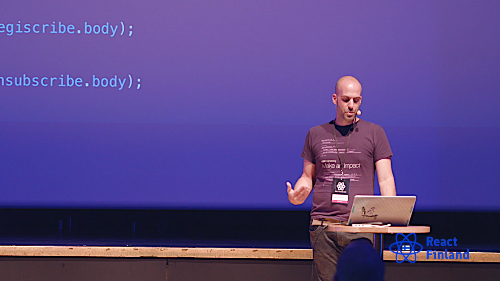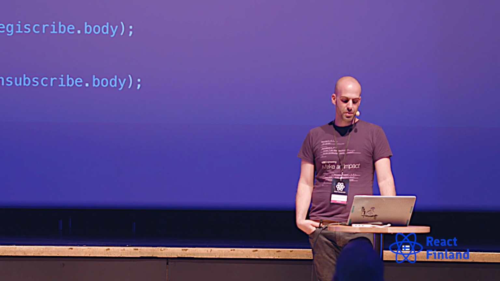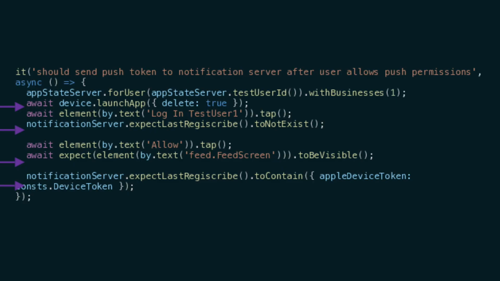So in this case, we see a simple notification server that records register and unsubscribe requests. By triggering the application to send these requests, we can make sure that they're being sent correctly.